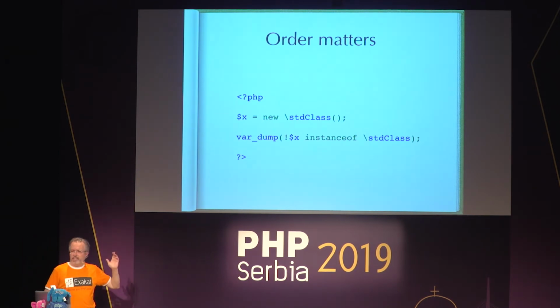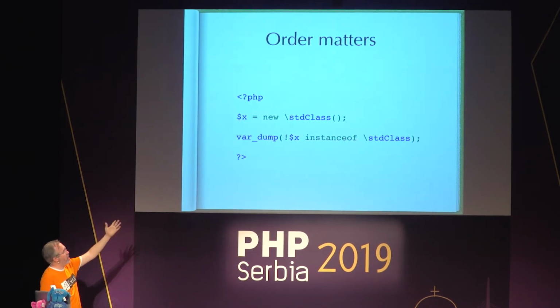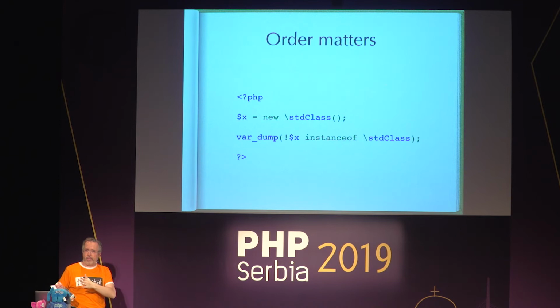Have you ever thought this looks like a weird syntax? Initially, I was so afraid of it that I would put parentheses on my own. I mean, look at how we read that. A is an object. It's obvious it's just before. And then I go a not object, not something that probably is positive. It's such false. False is a Boolean, and the Boolean is never going to be an instance of std class.